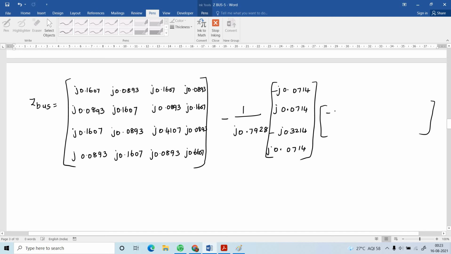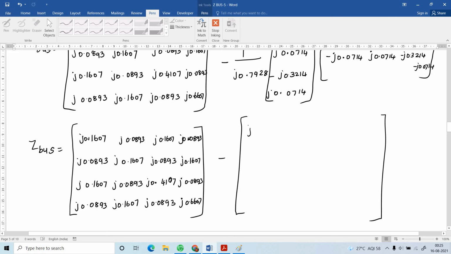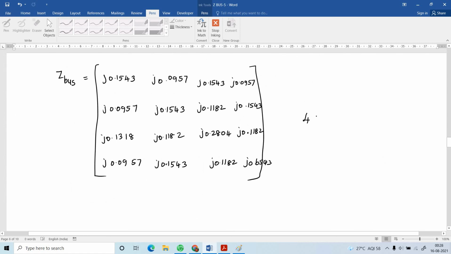Write the row elements minus J0.0714, J0.0714 minus J0.3214, then minus J0.0714. Multiply both and subtract this from the first matrix. Multiply this, we get J0.0064. So this is the ZBUS matrix order 4 cross 4.